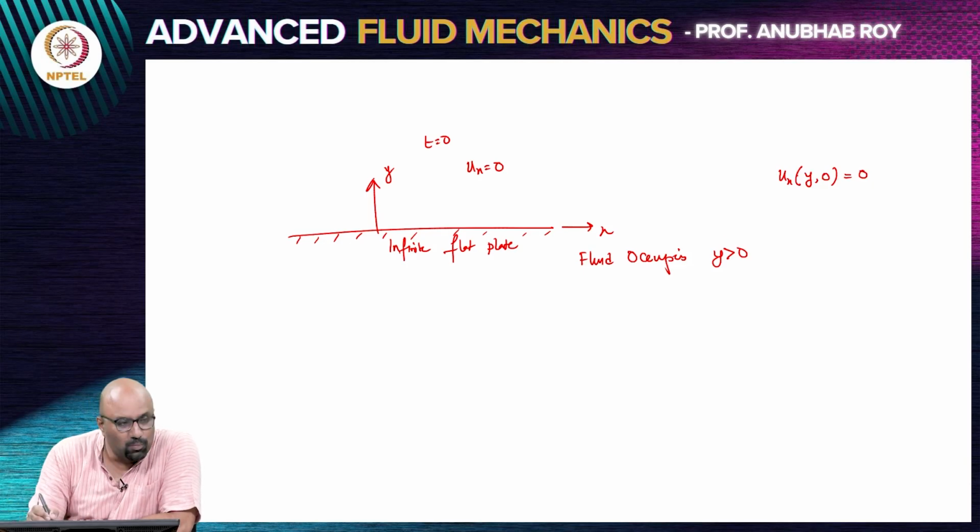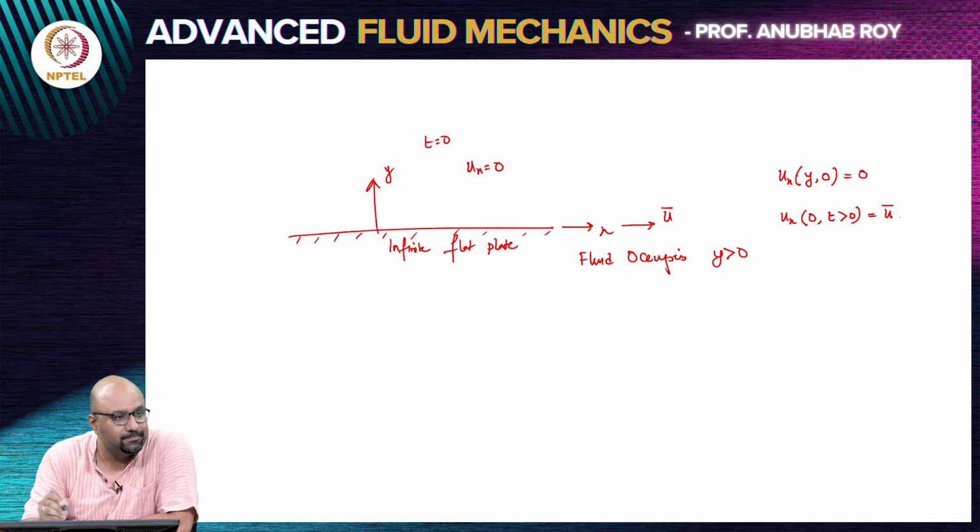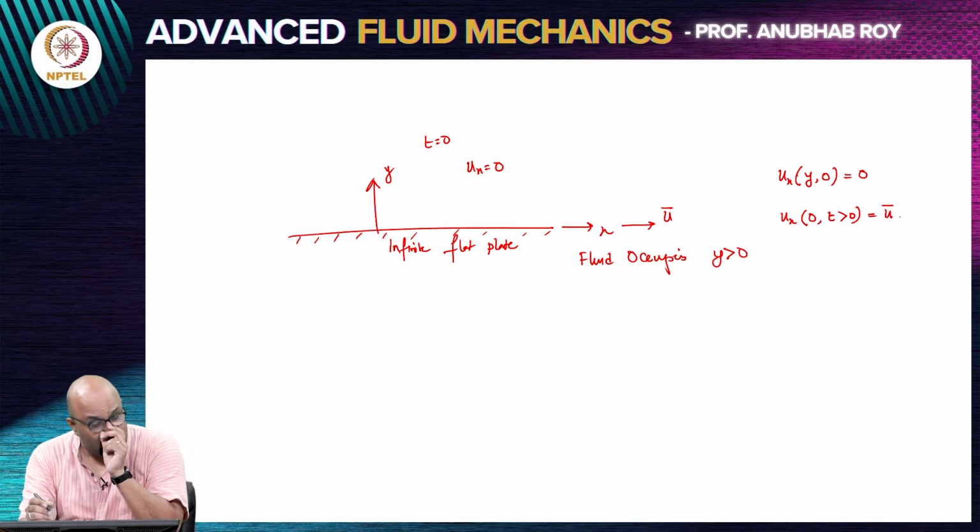And then you move this plate. The plate is set into motion at t equals 0, which means u_x at y equals 0, for all t greater than 0, is equal to u bar. So, you have suddenly set the plate into motion. The plate and the fluid were all at rest in the past, and then at t equals 0 suddenly the plate starts to move.